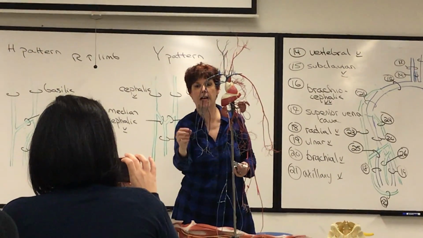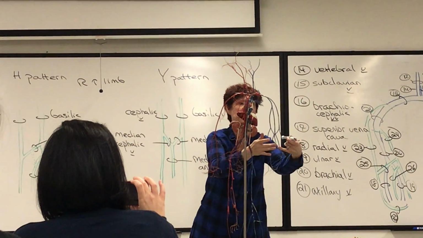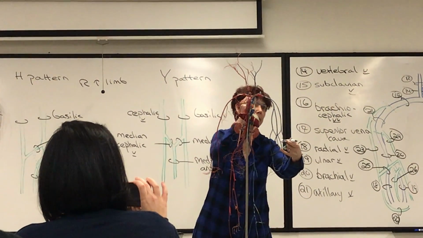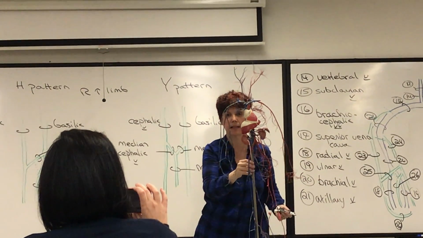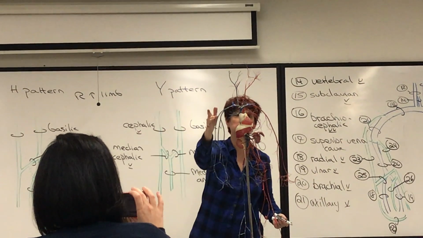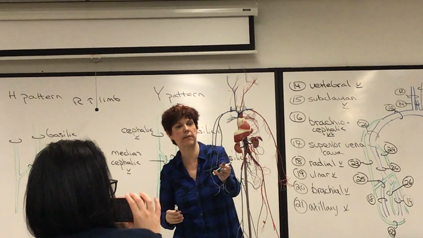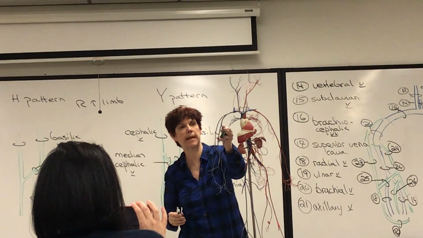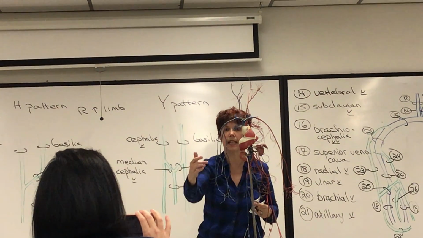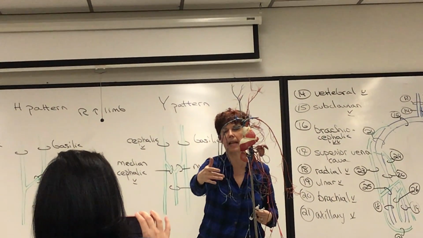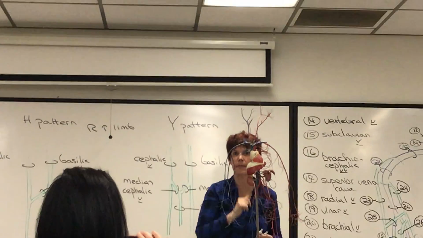Here we look at the back. We have the radial and ulnar and brachial and axillary and subclavian as well. Superficially is placed in front. So here would be the cephalic going all the way up to axillary, just before it becomes subclavian. Here would be the basilic, doing the same thing, emptying into axillary, a bit more distal. And then this is the Y pattern. So here we have the median antebrachial with the median cephalic and the median basilic.